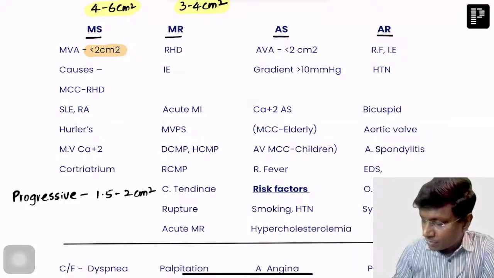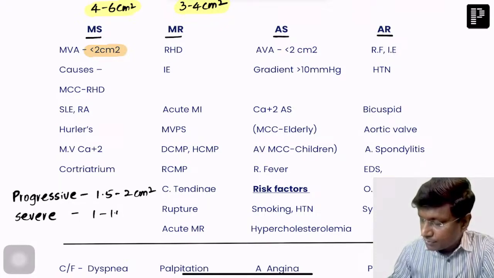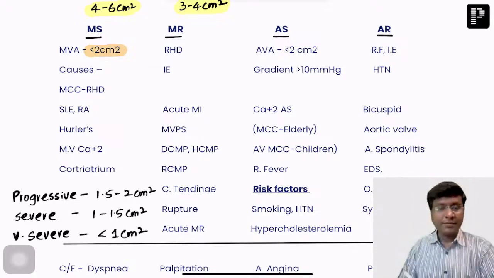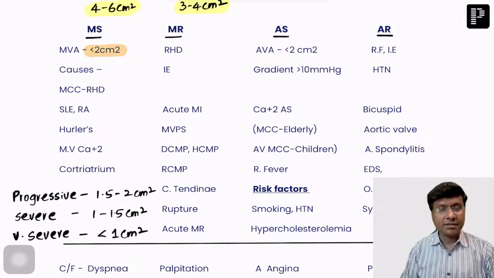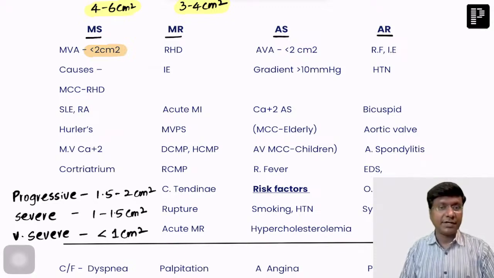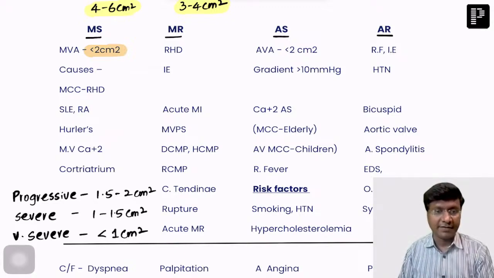Whereas in severe mitral stenosis, the valve area is around 1 to 1.5 centimeters square. Whereas in very severe mitral stenosis, the valve area is less than 1 centimeter square. So this is how we assess the severity of mitral stenosis depending upon the valve area.